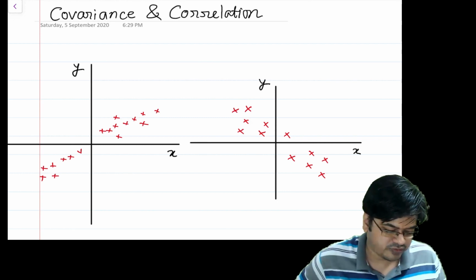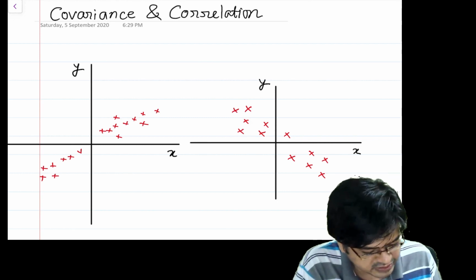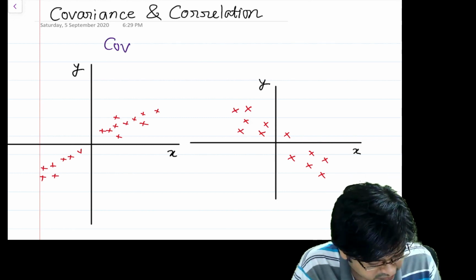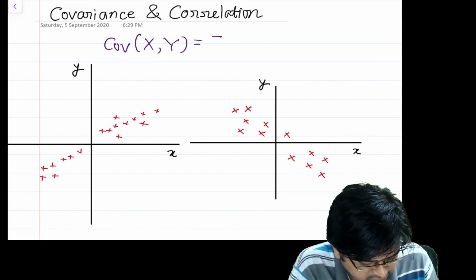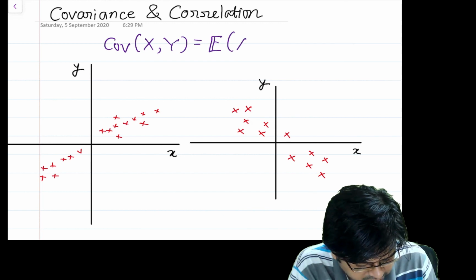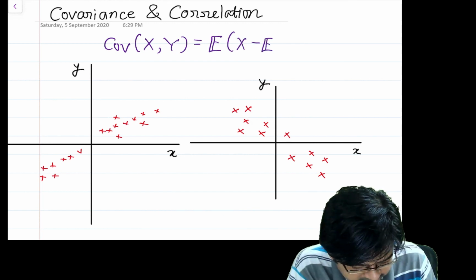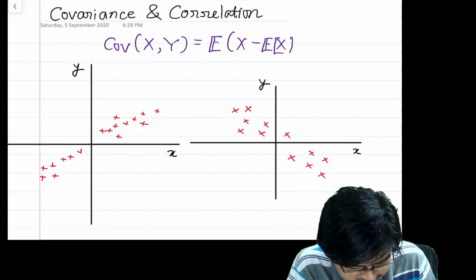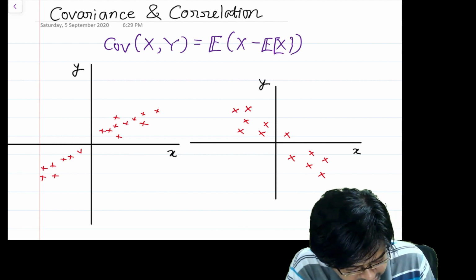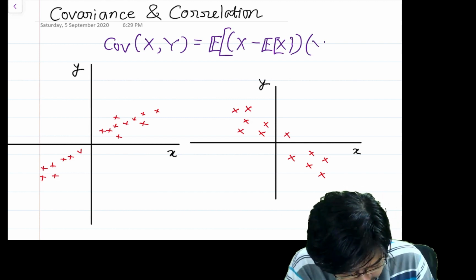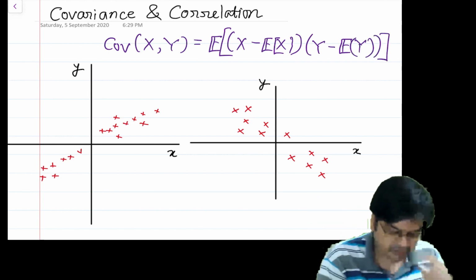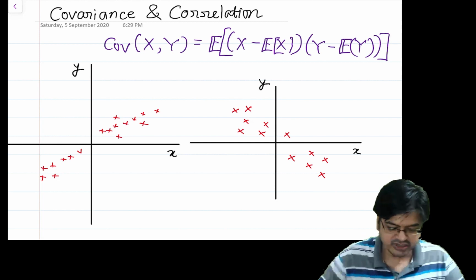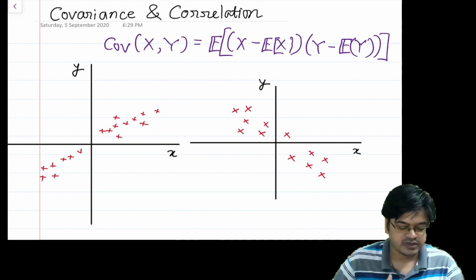When you talk about covariance of X comma Y, you are actually talking about the expected value of X minus expected value of X, into Y minus expected value of Y. So what does this term denote? Here are two representative diagrams.